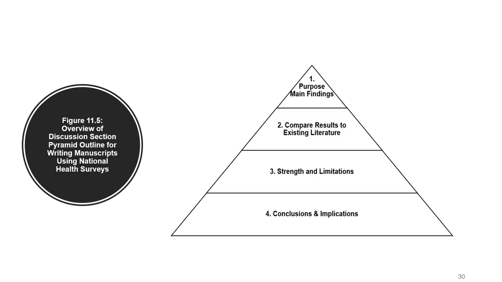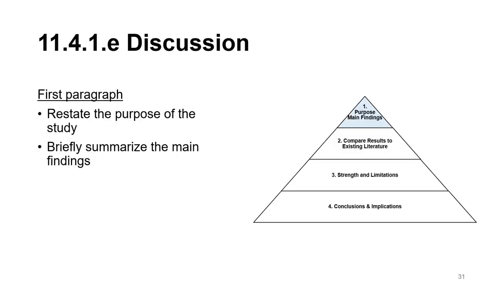So the first paragraph is the purpose or the main findings. Then the second paragraph or section, because it can be more than one paragraph, compares the results to the existing literature. Then the third section includes the strengths and limitations, and the fourth is the conclusions and implications.